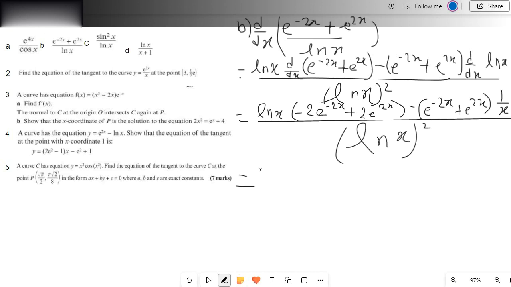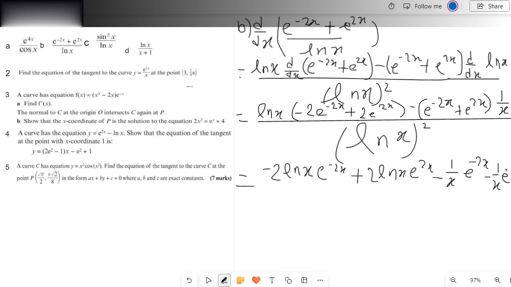So multiplying the terms, we have minus 2 ln x multiplied by e to the power minus 2x plus 2 ln x e to the power 2x, and then minus 1 over x of e to the power minus 2x minus 1 over x multiplied by e to the power 2x, and then the whole divided by ln x whole squared.